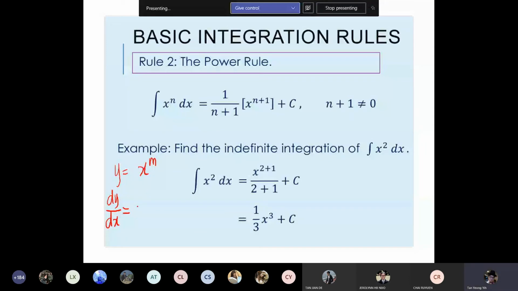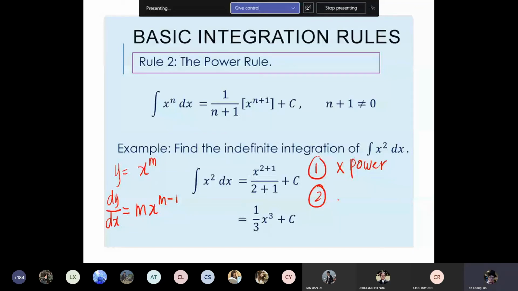First, we bring down the m, so the first step is we multiply by m. Now, second step, what do we do? Power minus 1. Yes, good. So we multiply by the power, then the power minus 1.